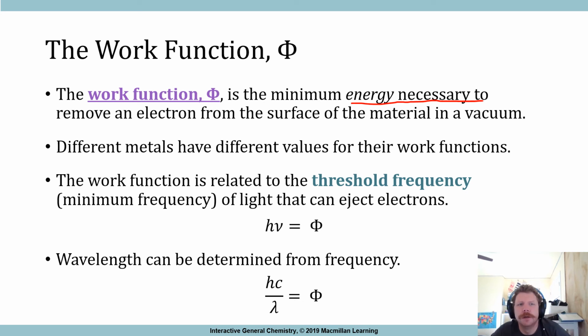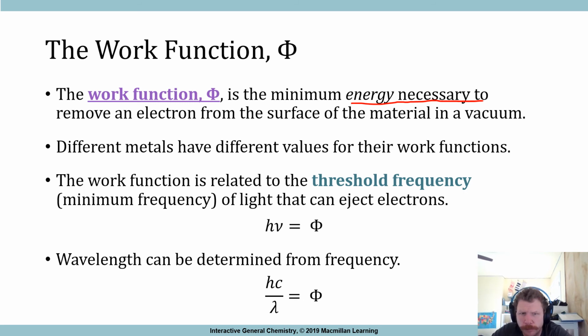Different metals have different work functions. The work function is related to the threshold frequency, the minimum frequency of light that can eject electrons. Wavelength can be determined from frequency, and as soon as we connect it to wavelength, we're connecting it to a color.